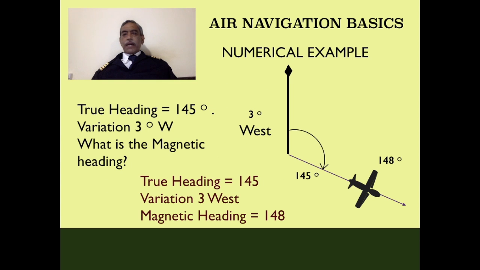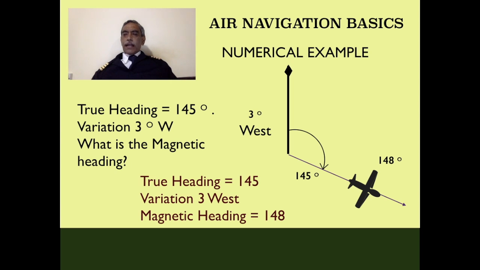Now the same numerical I tried to show you in graphical form so that it will be very clear. Firstly, the magnetic north has been shown, the aircraft direction has been shown, and the aircraft true direction measures 145 degrees as shown in the picture. Now let's draw the magnetic north. Since it lies towards the west, let's draw the magnetic north 3 degrees to the west.